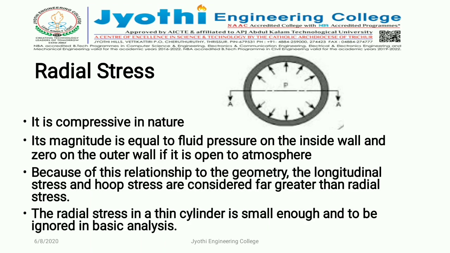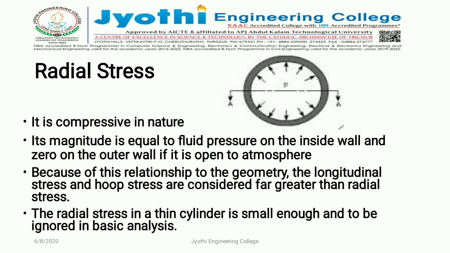First one, radial stress. Radial stress is developed only due to the internal pressure of fluid inside the cylinder. It is mainly compressive in nature. The magnitude of radial stress is equal to the fluid pressure on the inside of the wall, and it is zero on the outside of the wall if the outside is open to the atmosphere.